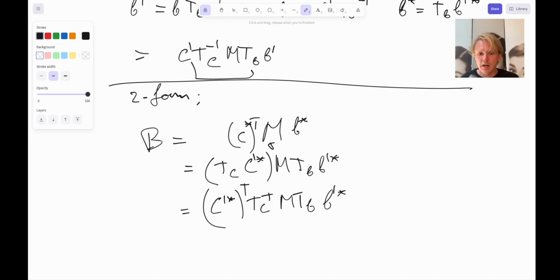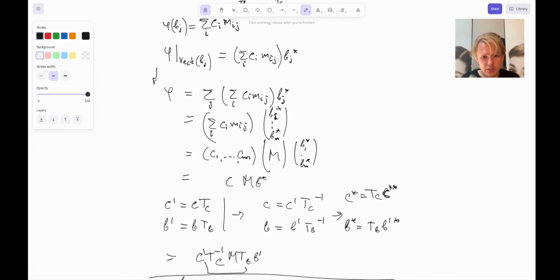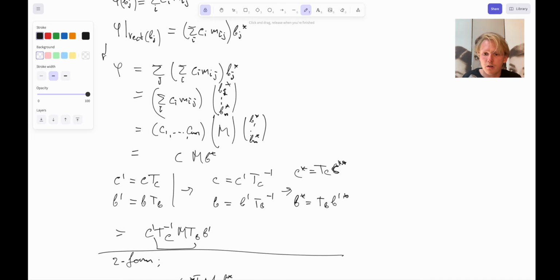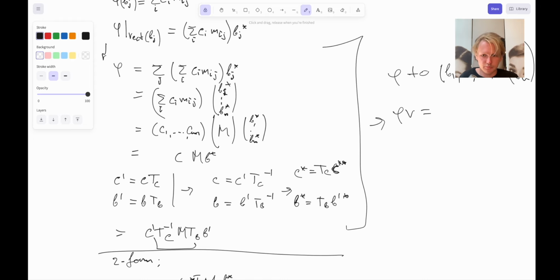And then everything really works. And I want to show you why this notation even makes sense, because if, for example, we apply phi to what we got, B1, Bn, V1, Vn, or simply V, then we get the new basis C times the matrix times B star.